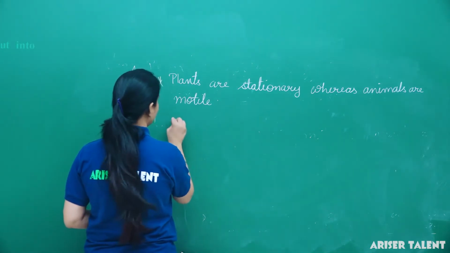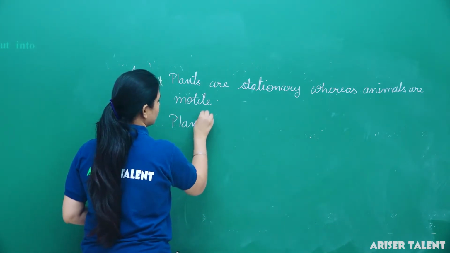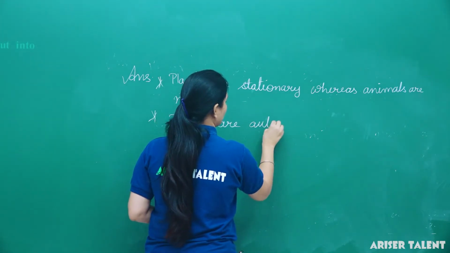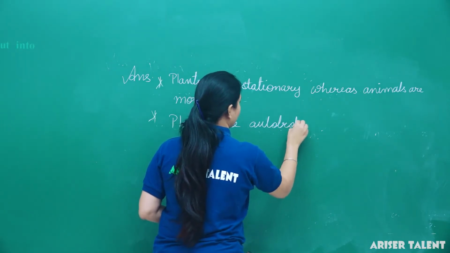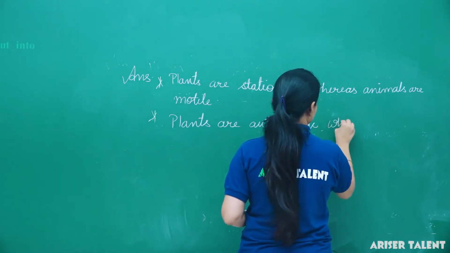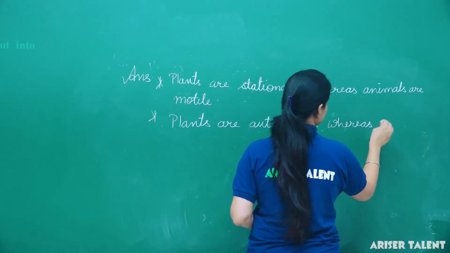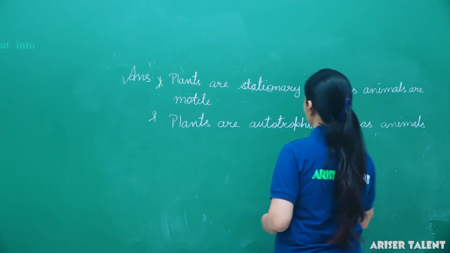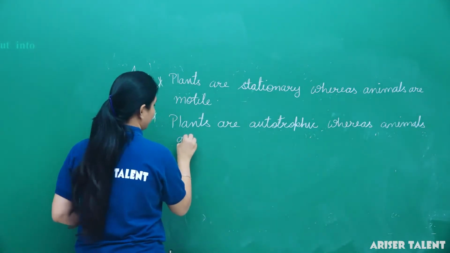Next, plants are autotrophic, whereas animals are heterotrophic.